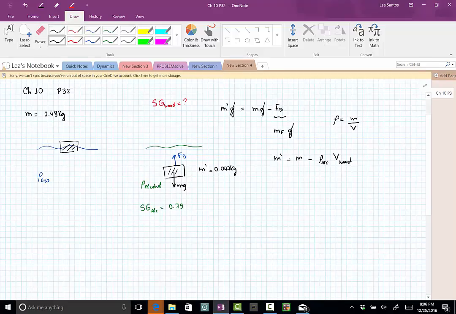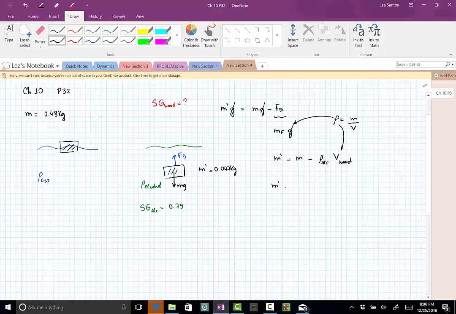Very well. We do not have the density of alcohol, but we have the specific gravity of alcohol. And when it comes to the volume of the wood, that we completely don't know. But don't get desperate. Same thing that we did for the mass that we didn't have, we used the equation for density. Let's again use this equation in place of the volume of wood. So what are we going to write?